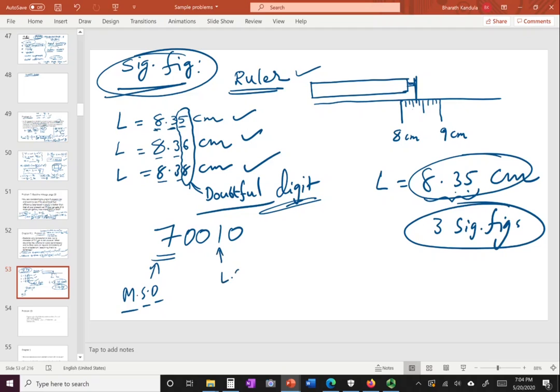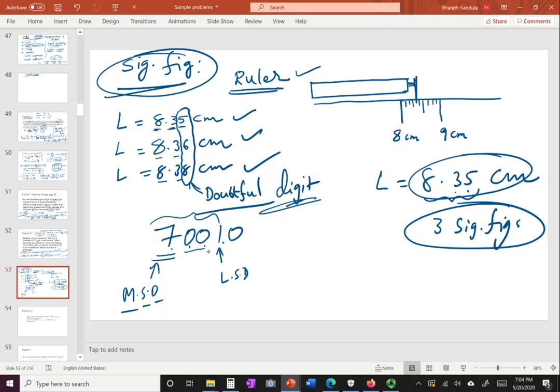Any digit between the most and least significant are also significant. So here we have 1, 2, 3, 4 sig figs in this number.